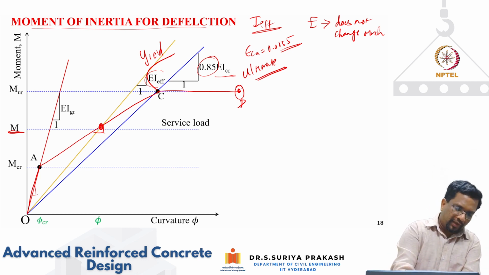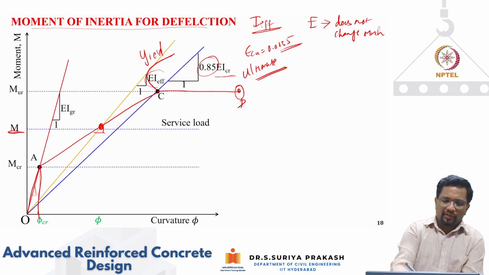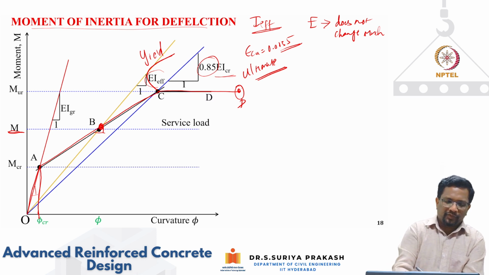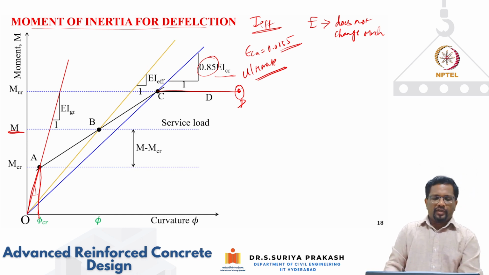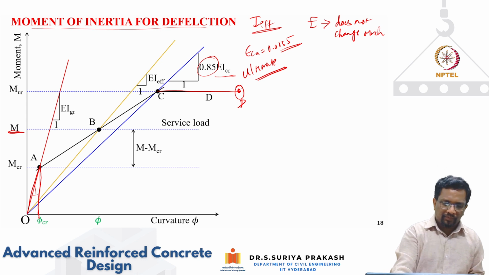So let us see now. At this point A, we can calculate your curvature at cracking, right? Similarly, how do we get it at point B? Let me erase this. At point B, let's see what is the difference in moment. Now the moment has exceeded the cracking moment by this magnitude, which is M minus Mcr.